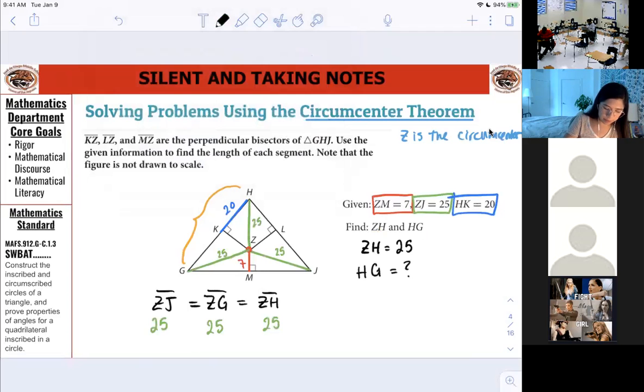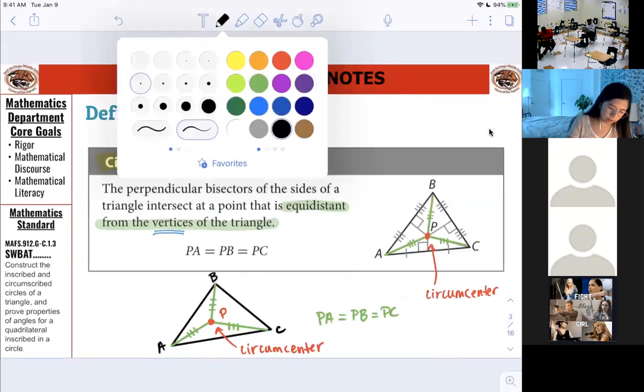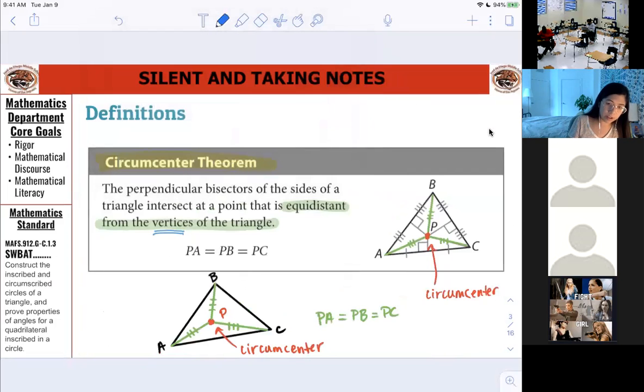Okay, let me go back again. The circumcenter is located where all the perpendicular bisectors intersect. What does a perpendicular bisector do to a line segment?